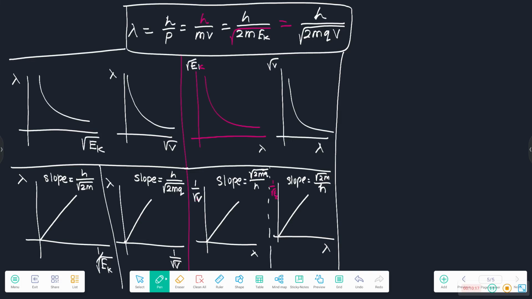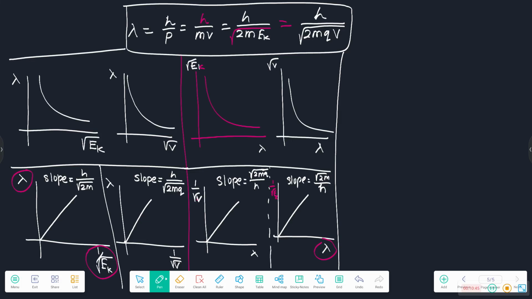Accordingly you do. Now next, listen. If lambda is on the y-axis and 1 by root k on the x-axis, then the slope is h by root m. But the slope will change if 1 by root k is on the y-axis and lambda on the x-axis. So be careful about these graphs.